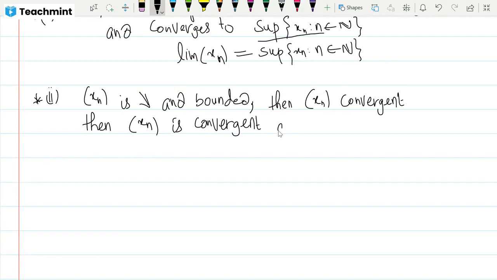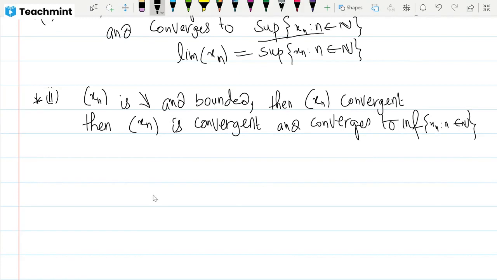Then it is convergent and converges to the infimum of the range set. Is this okay, Andy?